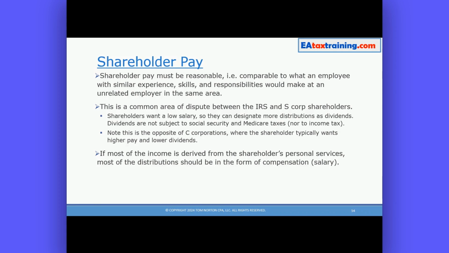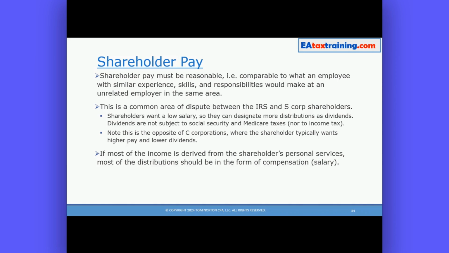A lot of LLCs, particularly single member LLCs, elect S corp status for exactly this reason. They want to save on their Social Security and Medicare taxes. When they are a sole proprietorship, they have to pay the 15.3% self-employment tax on all of their earnings up to the limit. The Social Security portion, they only pay up to that annual limit.